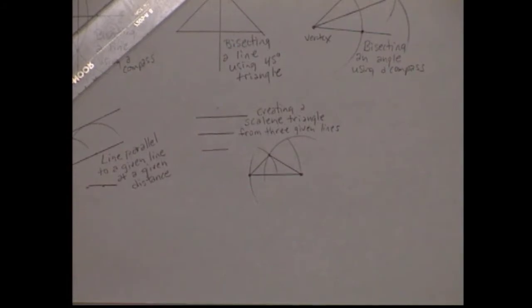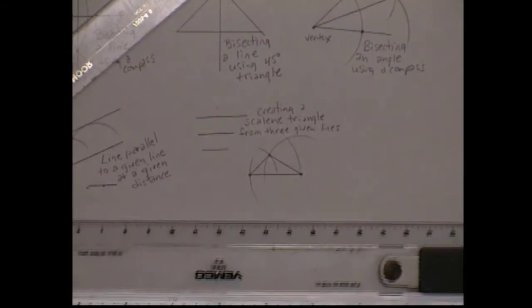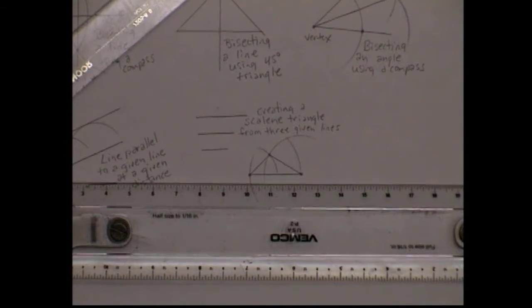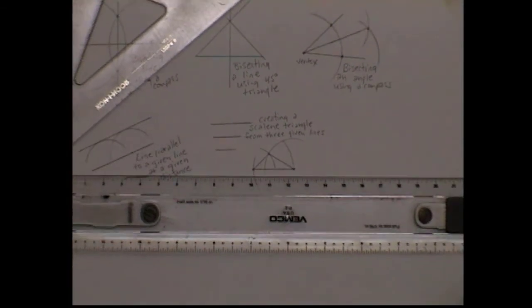So the next thing we're going to make is an equilateral triangle using our 30-60 triangle. So with your straight edge, since we're using our 30-60 triangle, we have to use our horizontal straight edge.